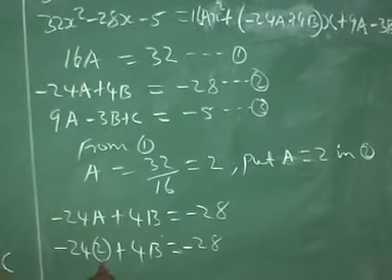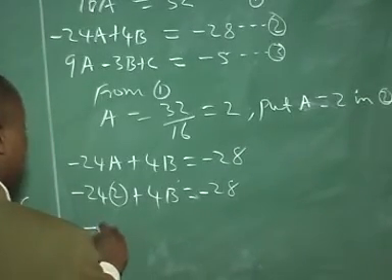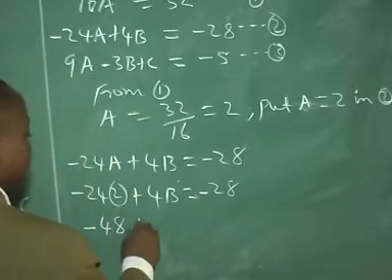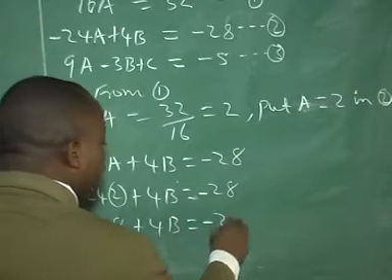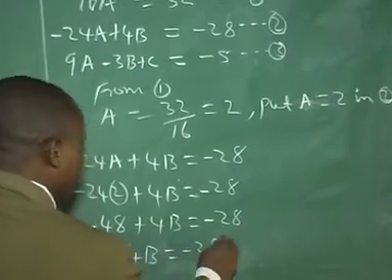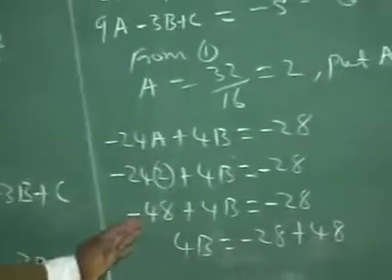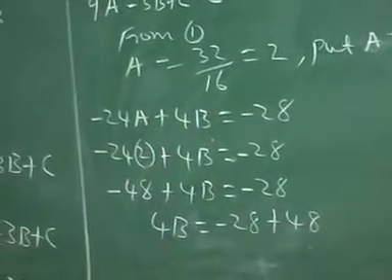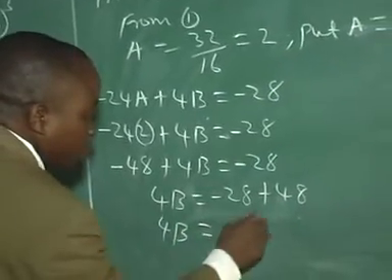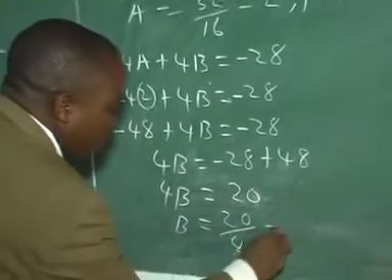This times this will give us minus 48 plus 4b is equal to minus 28. Now 4b will be equal to minus 28 plus 48, because the minus 48 is going to this place as plus 48. If we do that, 4b will be equal to 20, so that b is equal to 20 divided by 4, which is 5.